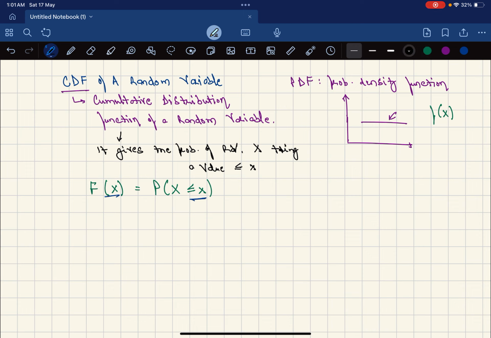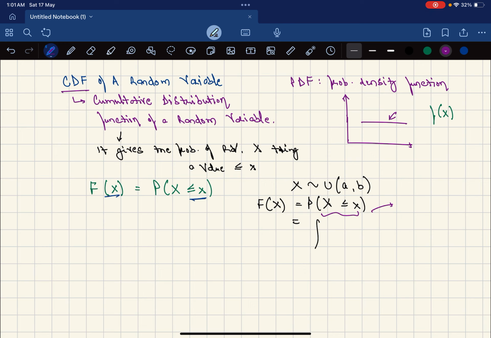So what we'll do here is, we'll again take a uniform distribution from a to b, and we'll try to calculate the cumulative distribution function for this particular distribution given here. So we already know P(X less than equal to x), and we already know how we can calculate the probability for this particular range of x.